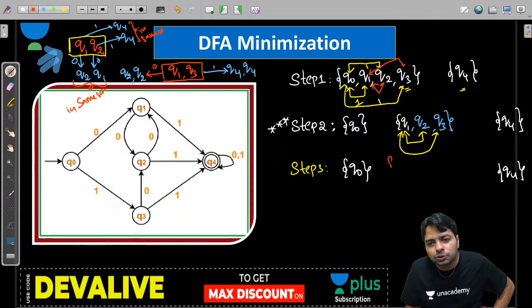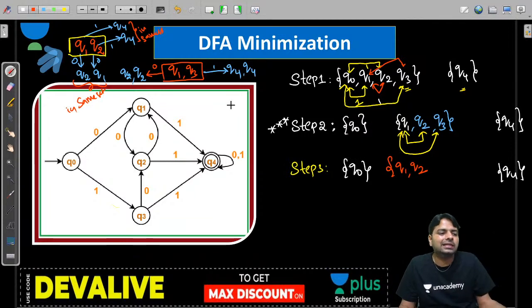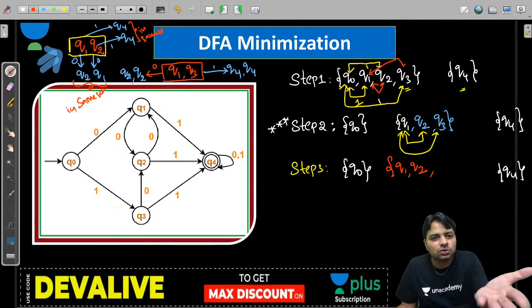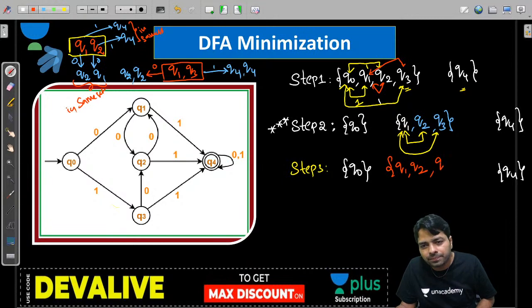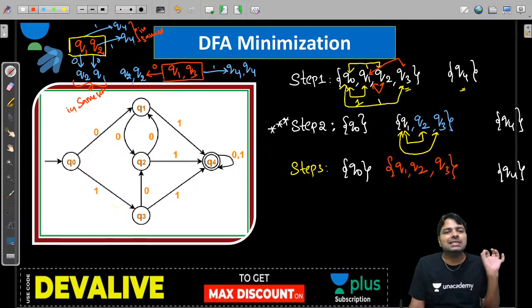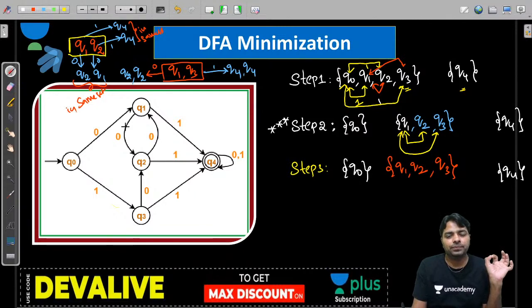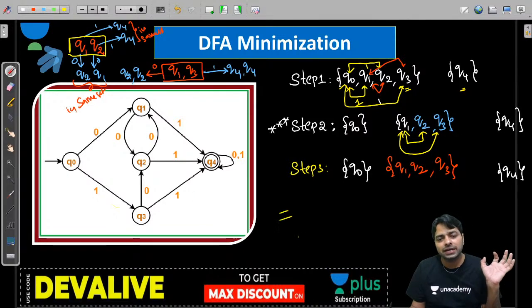So we will keep them together. Q1, Q2 together. Now compare Q1, Q3. I just said they are always together, because you can see Q2, Q2, Q4, Q4. Now, guys, did you get the same partition as in step 2? Now stop. Now the answer is 3 states in the minimum DFA.